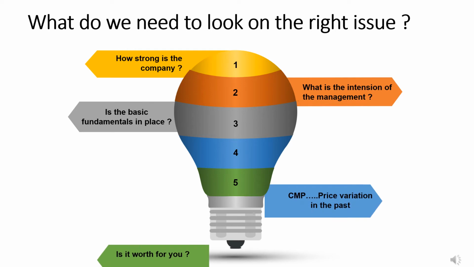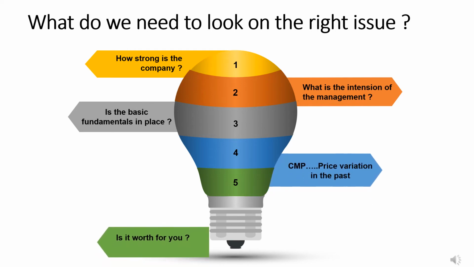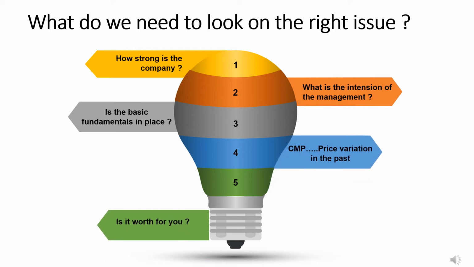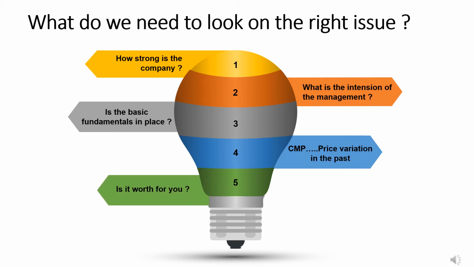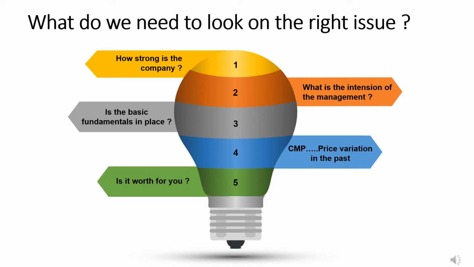But as a shareholder, what do we need to look at in a rights issue? First of all, we should understand how strong the company is, what they do, where they do it, how they do the business, who the promoters are, and so on. Next thing to look at is the intention of management in coming up with the rights issue.